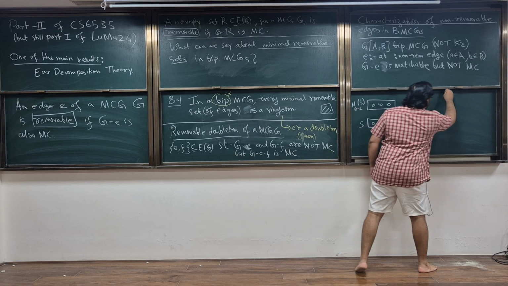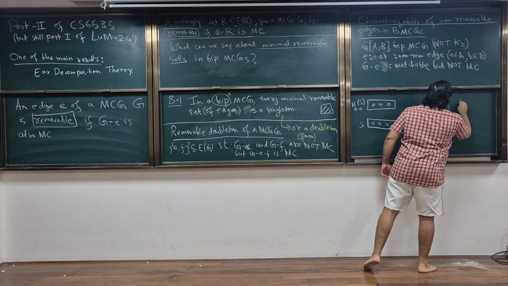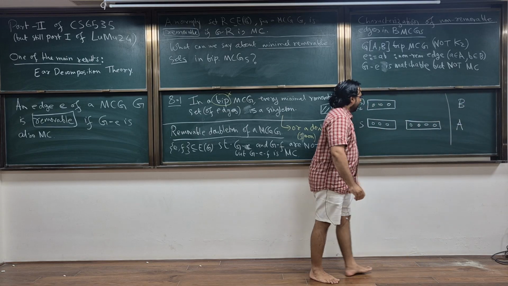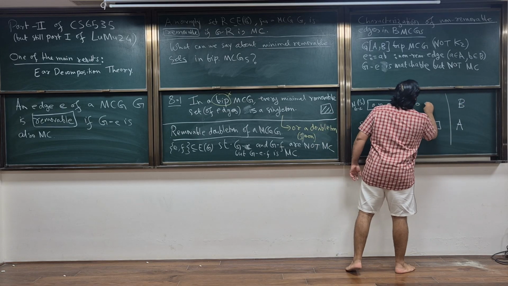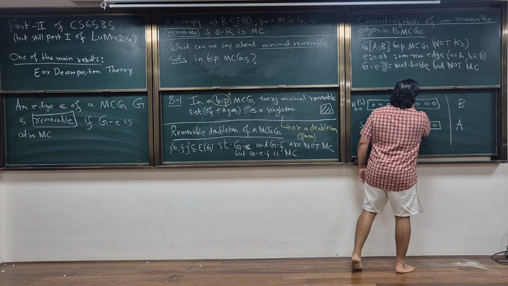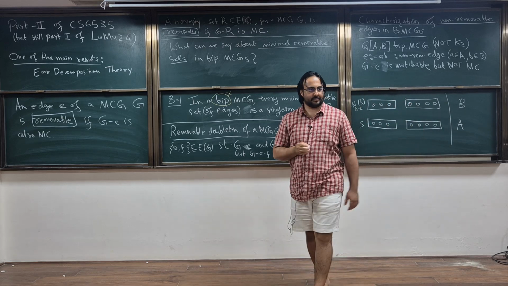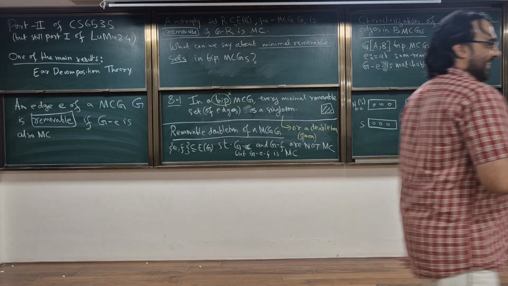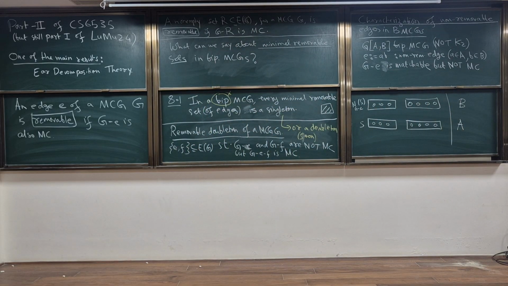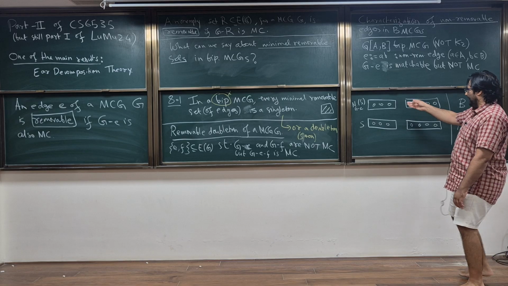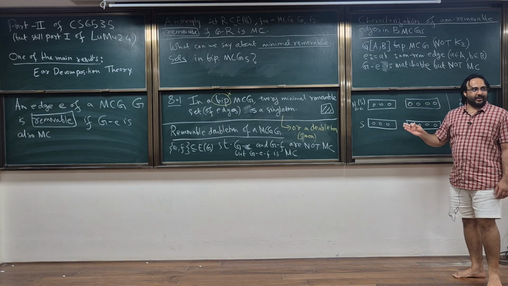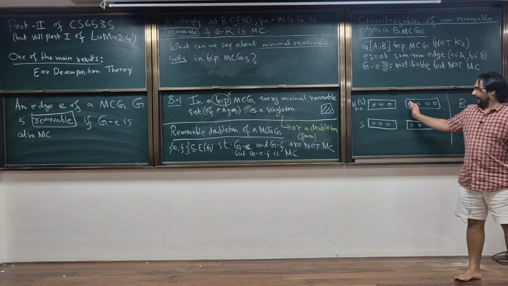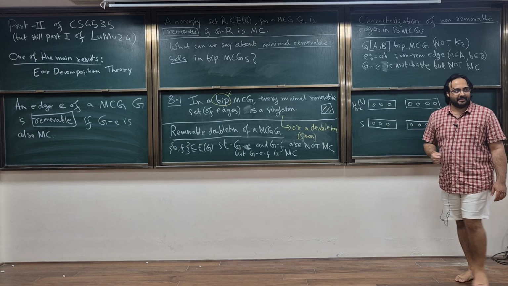This is my A, this is my B. Some of you are drawing the majority minority figure. It's kind of close but not quite the same, right? What you want is actually an even cut, not an odd cut. If you are doing majority minority, you will actually have an odd cut, right?